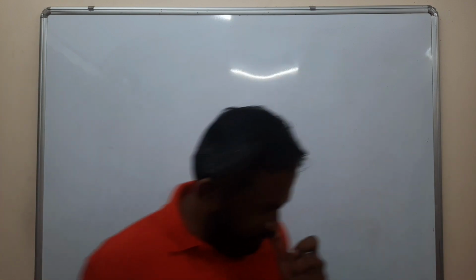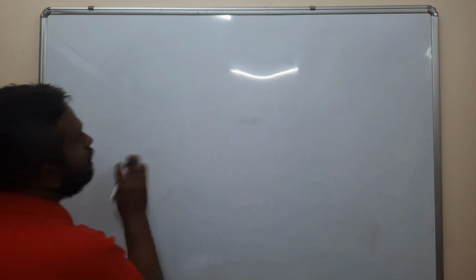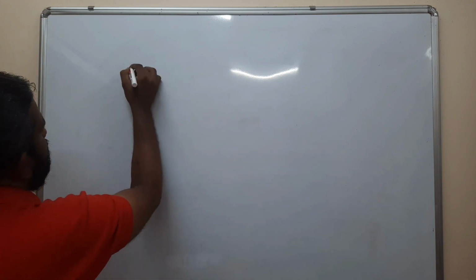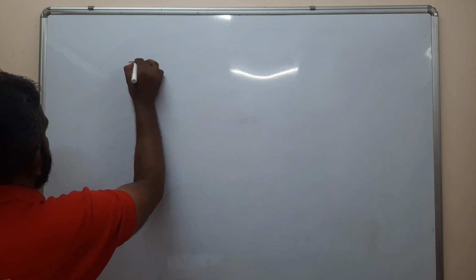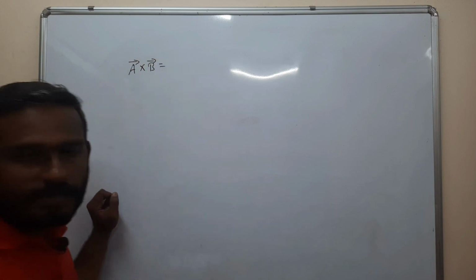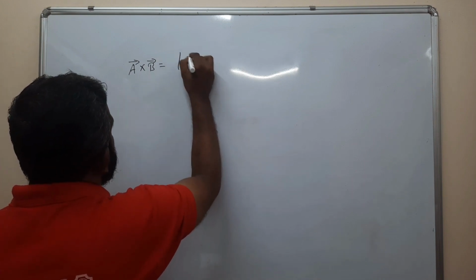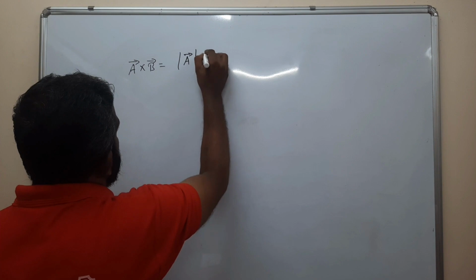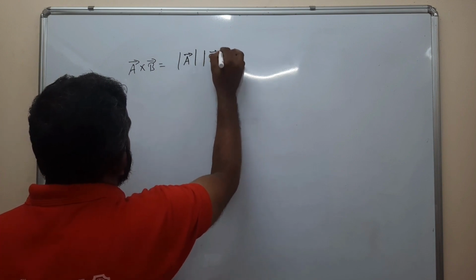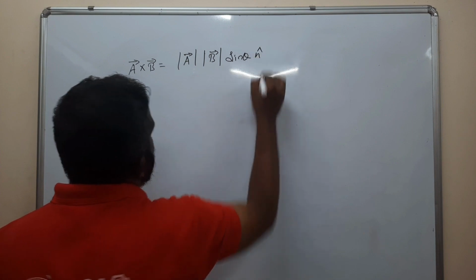The next is, a vector cross b vector is equal to modulus of a vector, modulus of b vector, sin theta into n cap.